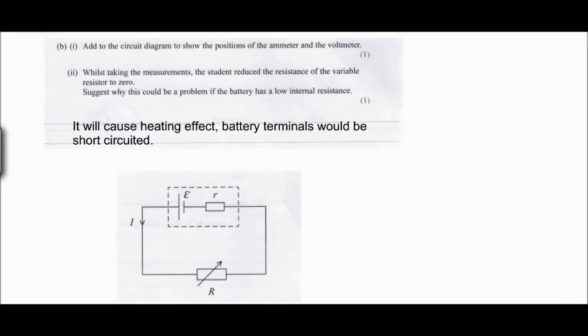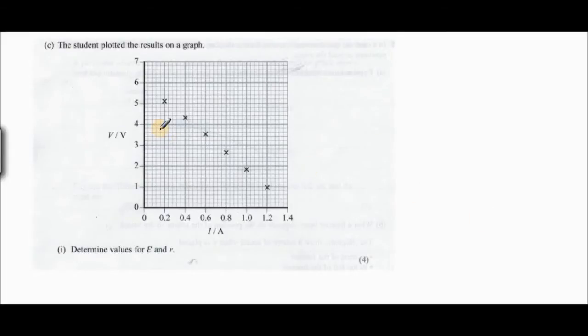Okay, so let's see the next question. The student plotted the result on the V-I graph. Determine the values of epsilon and r, the internal resistance. So first we need to draw a best fit line. This is the line, and using a ruler you can draw the line.